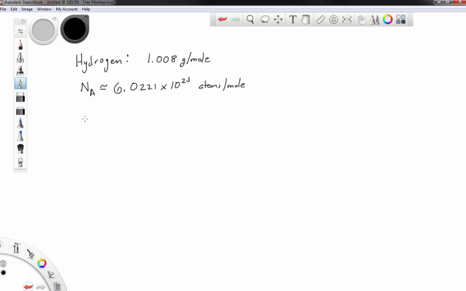So what combination do we need to have here? Well, basically the mass is going to be, in this case, 1.008 grams per mole. And then in order to get rid of the moles, we need to have 1 mole per 6.0221 times 10 to the 23 atoms. You multiply these two things together.